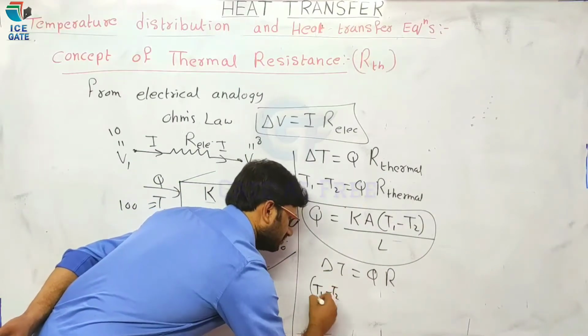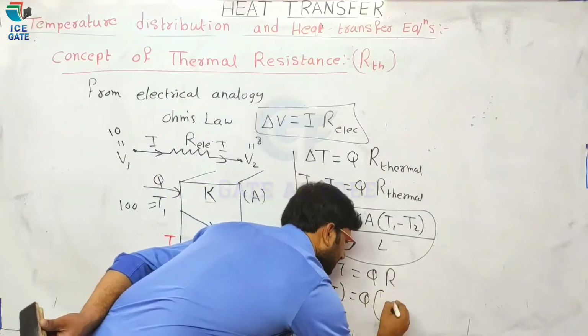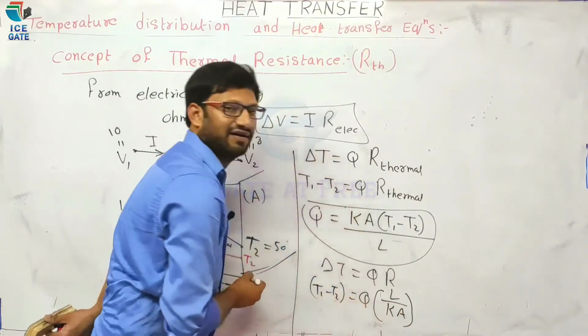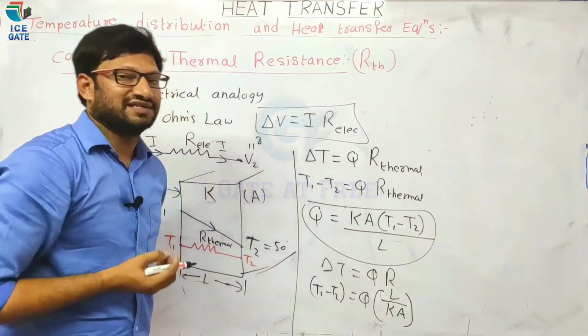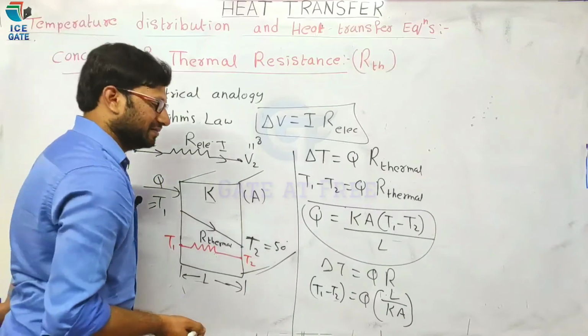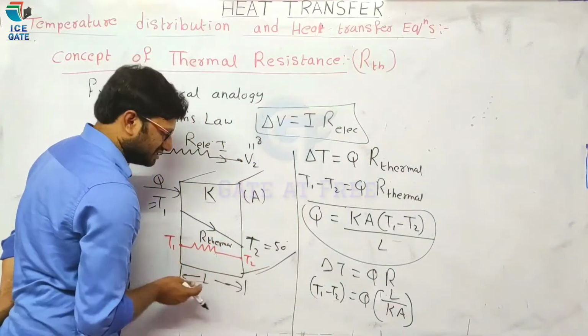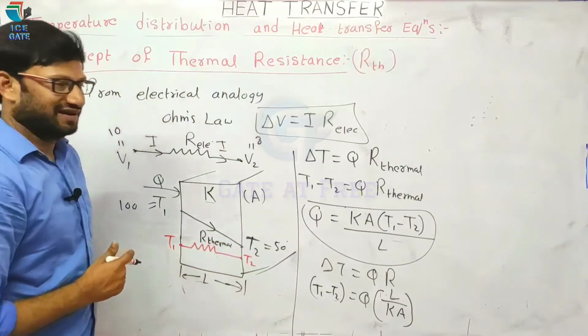T1 minus T2. Now what are the remaining terms? That is L divided by K into area. Now this L by KA is known as thermal resistance. The parameters which are offering thermal resistance in a plane slab are thickness, thermal conductivity and area.